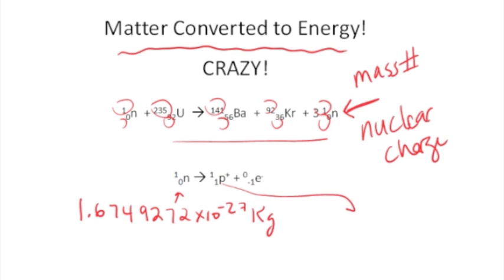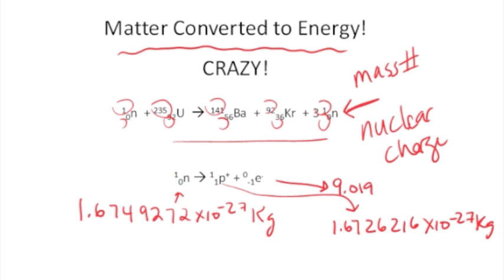A proton, the mass of a proton is 1.672616 times 10 to the negative 27 kilograms. And a tiny little electron, the mass of an electron is 9.1093819 times 10 to the negative 31 kilograms.